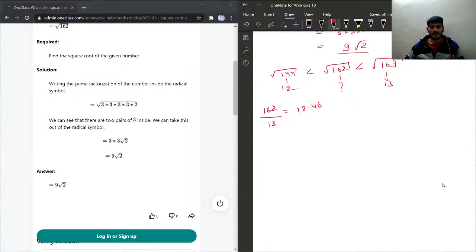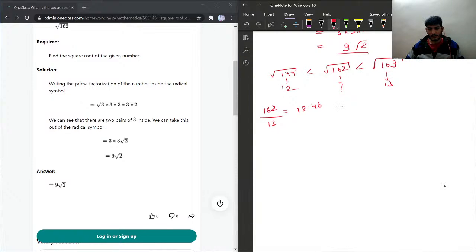The thing is that the square root of 162 lies near to the square root of 169, so we'll divide with 13. If it was say 149 or 154, then we would have taken 12, but we'll take 13 here.